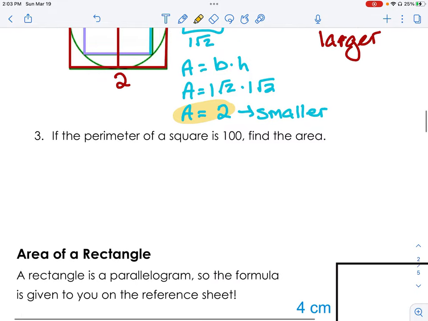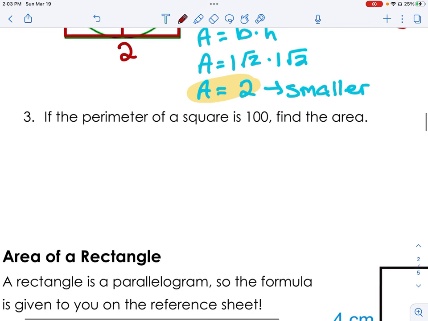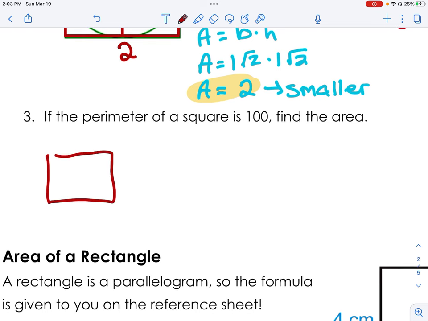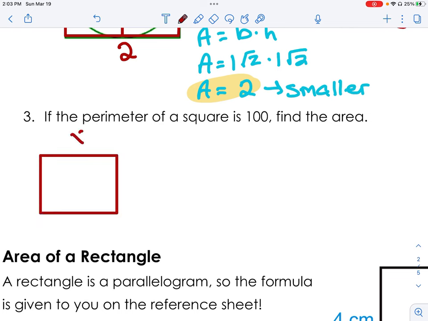Okay, moving on to our next square problem. We're told that the perimeter of a square is 100, we'll just say units, some type of unit. So you take your side length x, x, x, x, because they're all congruent, and to find perimeter, you add up all of the sides, and we are told that equals 100.